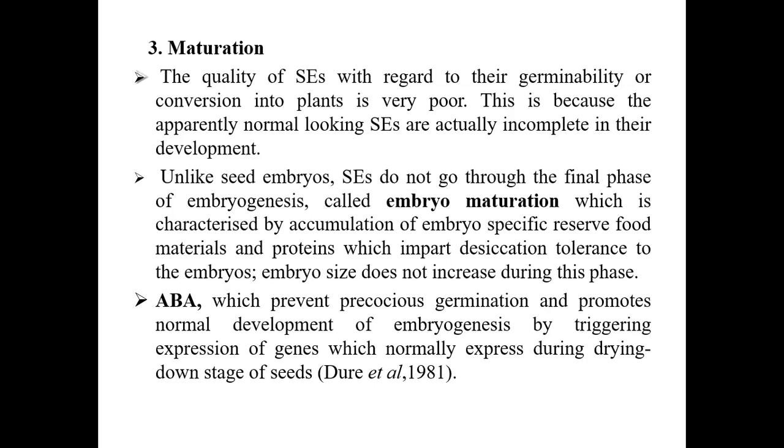Rather, ABA prevents precocious germination and promotes normal organogenesis by triggering the expression of those genes which are normally expressed during the desiccation phase, or the drying down stage, of the seeds.